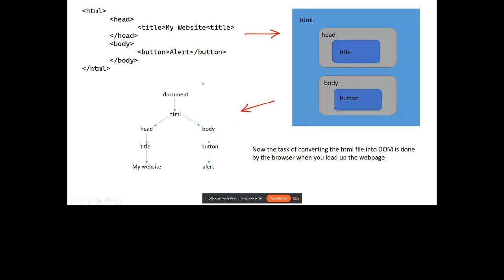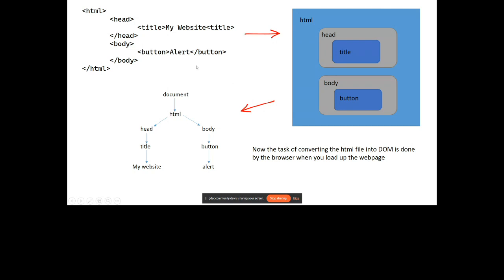There is a document, and the entire HTML is included in the document. Then HTML has two children called head and body, and these head and body are siblings. Head is a descendant of HTML, and HTML is a descendant of document. So this is how the tree looks, a simple tree of an HTML web page, which only has a title of my website and an alert button.